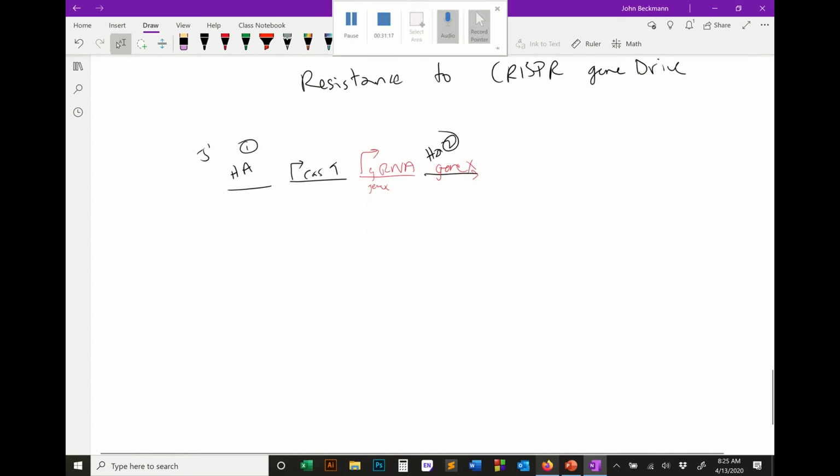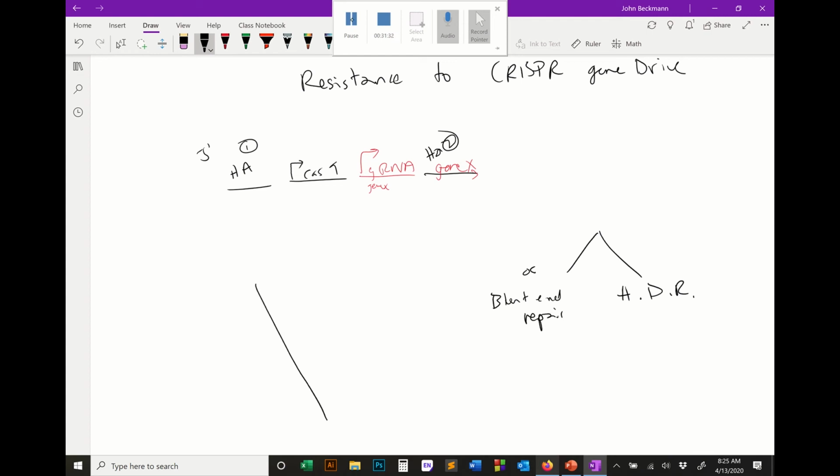It's all based on whether or not the cell decides to do homology-directed repair or blunt end repair.